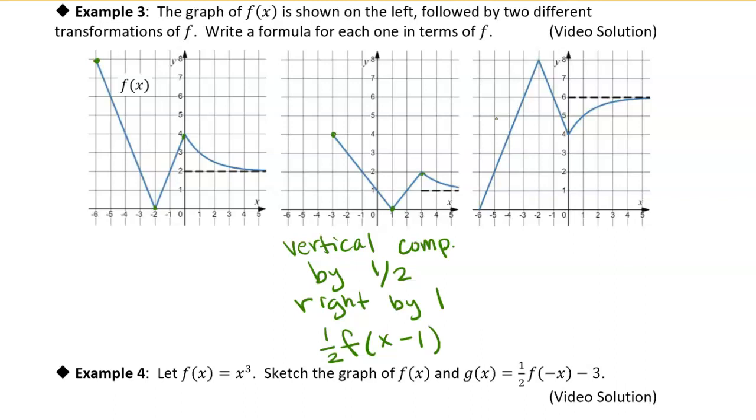If I wanted to flip this original f of x upside down, I would reflect it across the x-axis, so it would look something like this. That's kind of the shape that we've got going on.